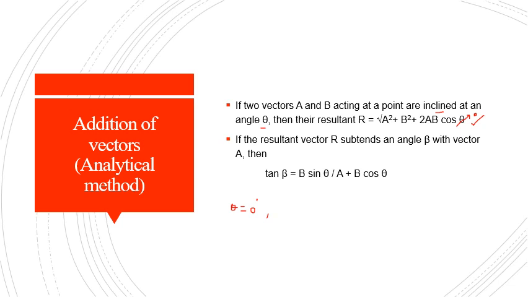Cos 0 is 1, isn't it? So R equals square root of A squared plus B squared plus 2AB, whereas cos 0 will be 1. So the resultant is the square root of A squared plus B squared plus 2AB.